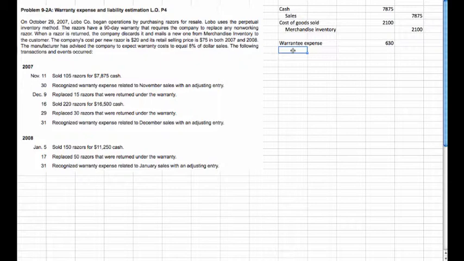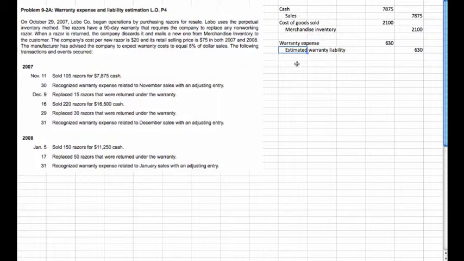However, we haven't had the product come back yet, so we have a liability or an obligation that we have to satisfy. So what we've got here is estimated warranty liability in the same amount of $630. Let me fix my typo here. All right, so we've recognized the warranty.